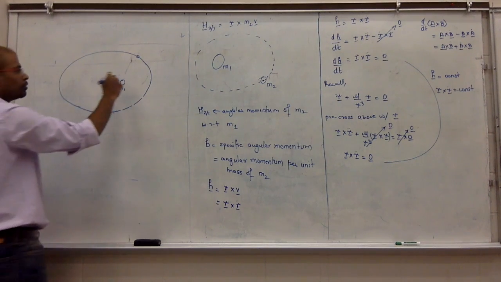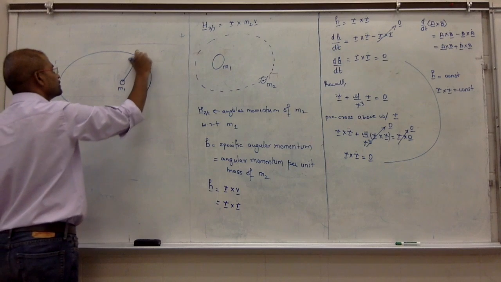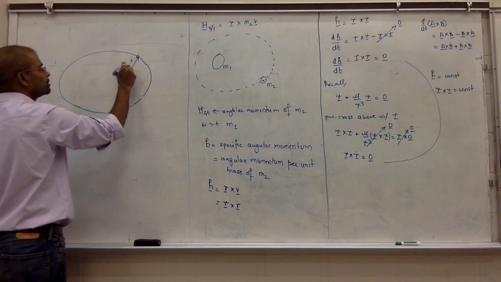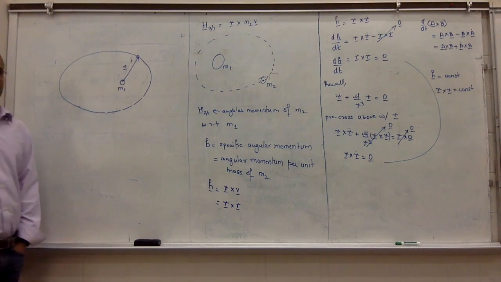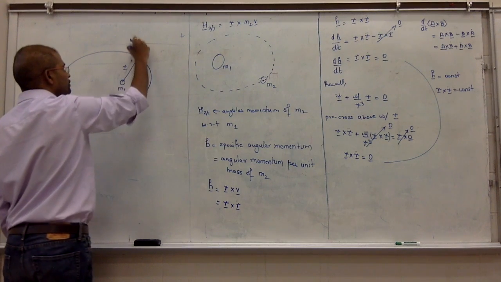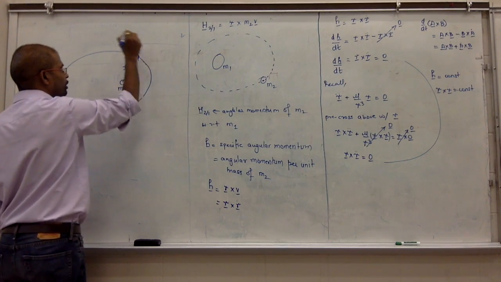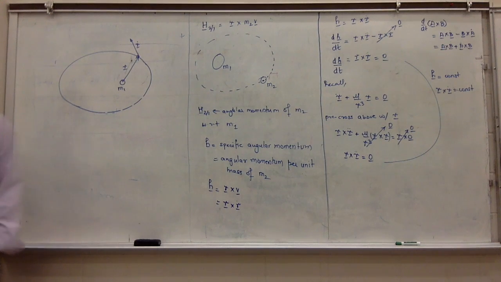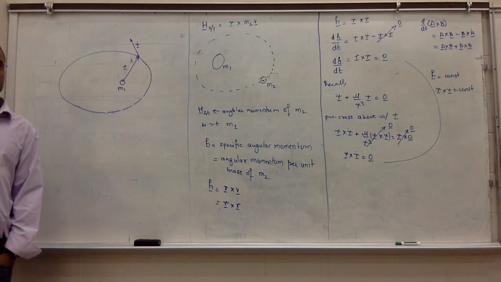Got it? What is this vector? R. That's what is denoted there. And this would be the R dot. Do you see that R dot?